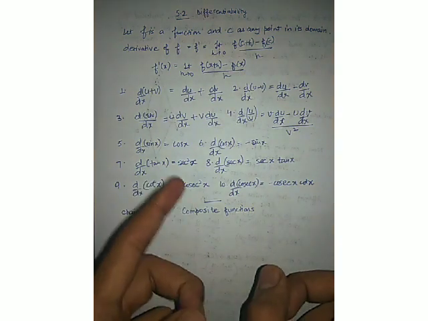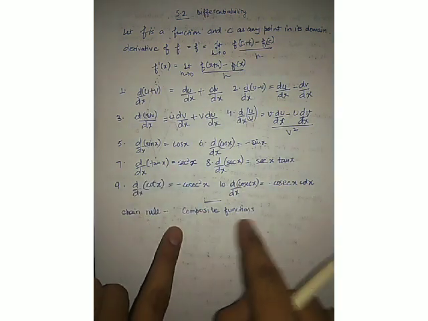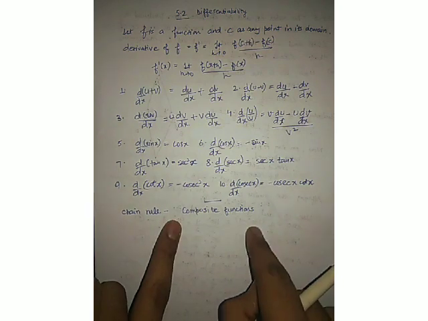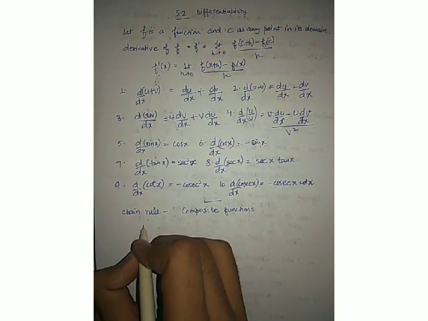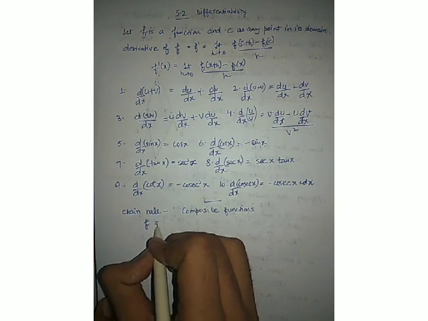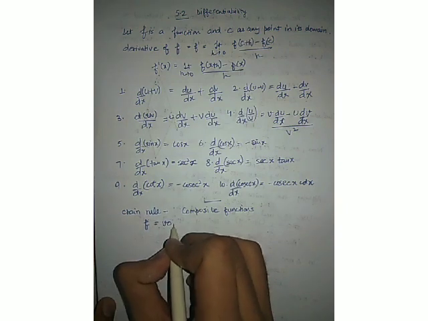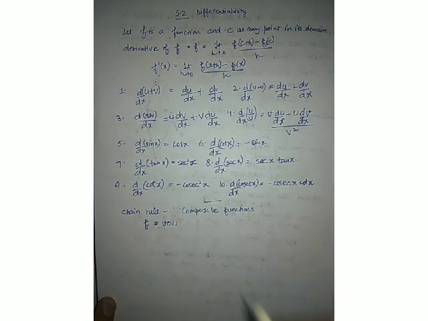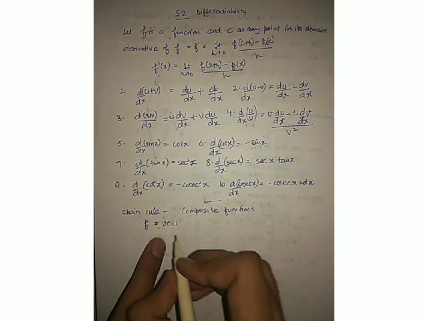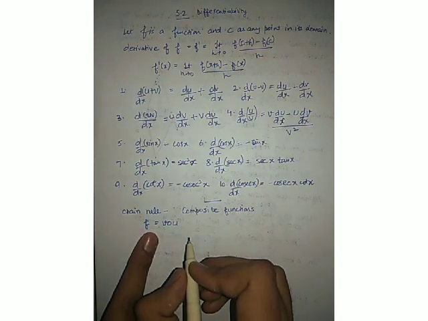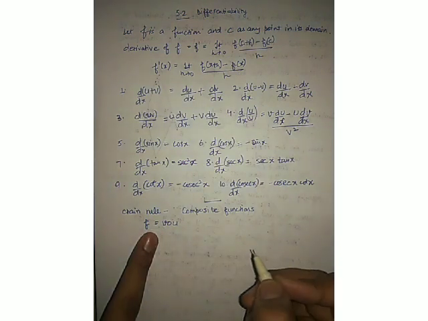So a function that is made up of two or more functions is known as a composite function, and the chain rule is mainly applied on composite functions. So let's suppose f is a function that is defined as v of u. There are two functions v and u that are functions of x. Then you will let v be a function of t and u be a function of x.